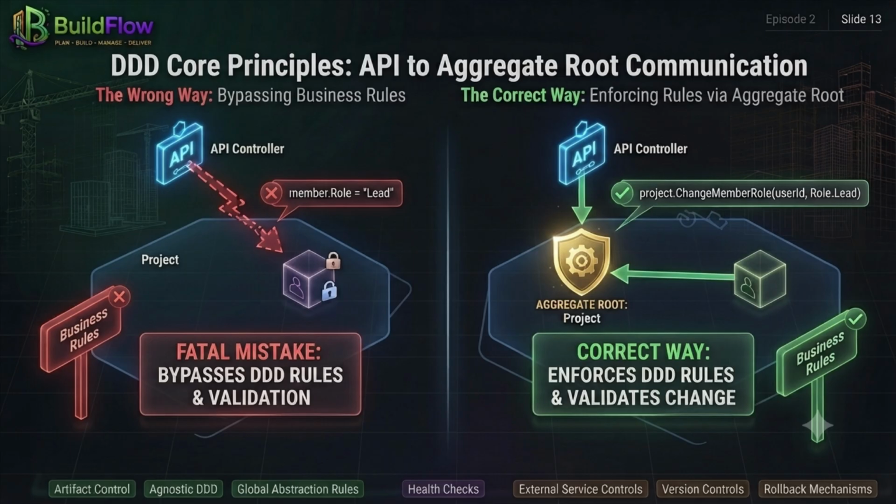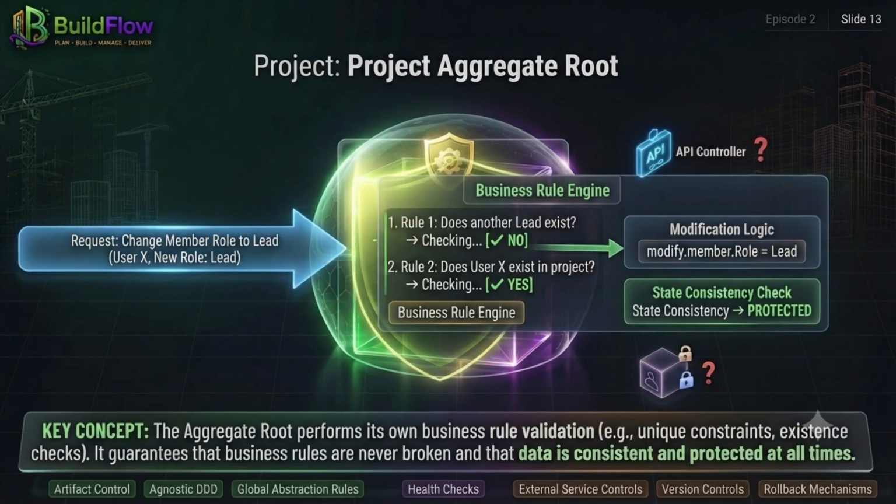The correct way is to go through the gatekeeper, the aggregate root. So you say project.ChangeMemberRole(userId, role: lead). Here the project validates the business rule itself. Does the project already have another lead? Does the user even exist in this project?